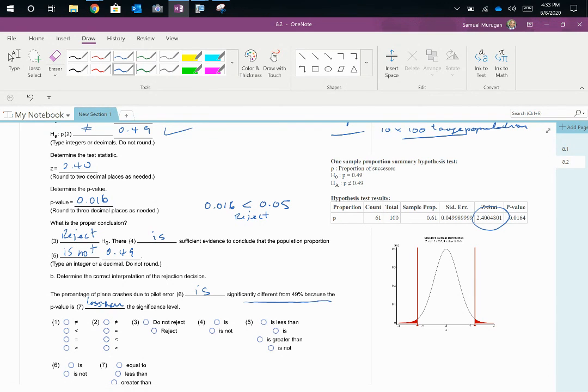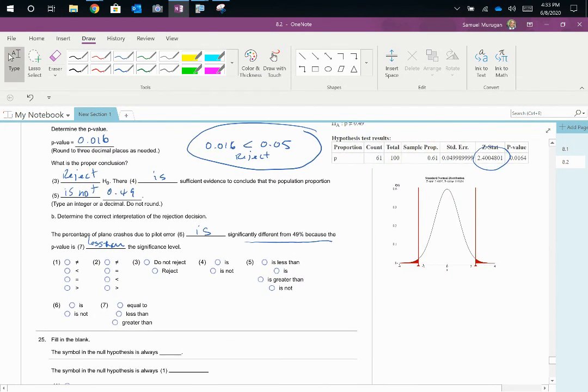Okay, because that p-value is less than the significance level and we rejected the null hypothesis, that means that the percentage of plane crashes due to pilot error is significantly different from the 49%.